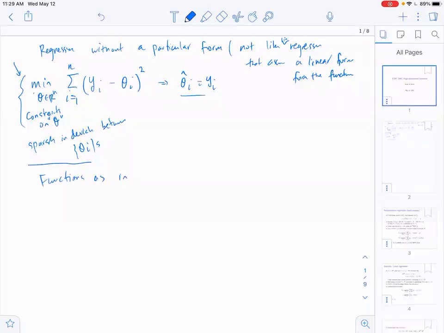Functions as infinite dimensional vectors, okay, great. That is a general idea in math, like functional analysis, basically.